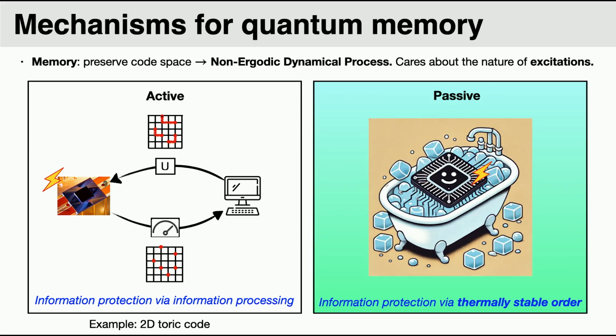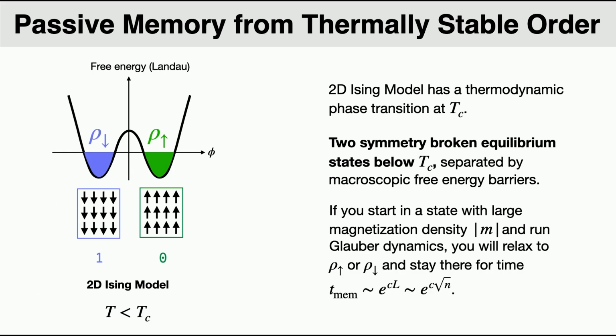So passive memory conventionally comes from thermally stable order, and the simplest example of that in the classical setting is the two-dimensional Ising model, or in a hard drive, the three-dimensional Ising model. In the two-dimensional Ising model, I have two ground states, the all up and the all down, related by symmetry breaking, but there's actually a ferromagnetically ordered phase below a critical temperature, Tc.